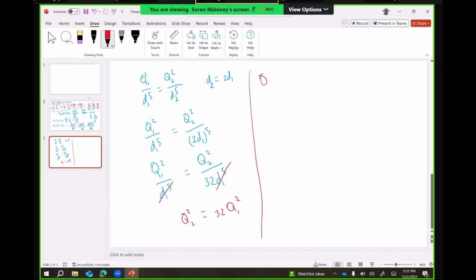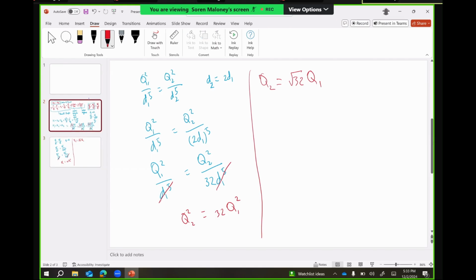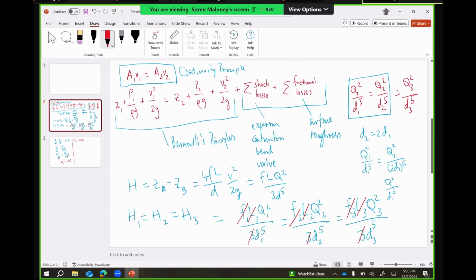So now Q2 is the square root of 32 times Q1. I plug it in and then I have Q2. I do the same thing between Q1 and Q3, or, now that you know Q2, you can do it between Q2 and Q3.